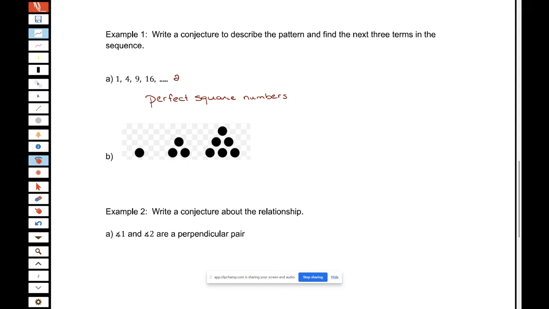So the next number would be 25, which is 5 squared, 36, which is 6 squared, and 49, which is 7 squared. You can also say there's a pattern of adding consecutive integers, like starting with 3, add 5, add 7, add 9, add 11, add 13. So that's also another way you could describe that pattern.